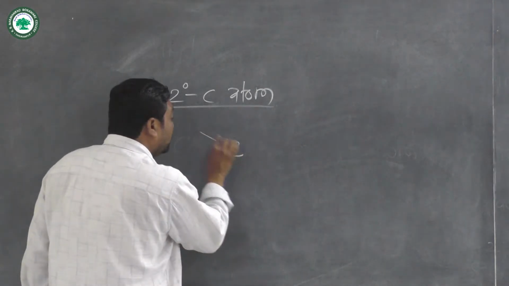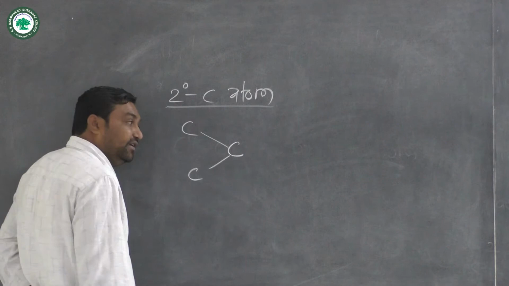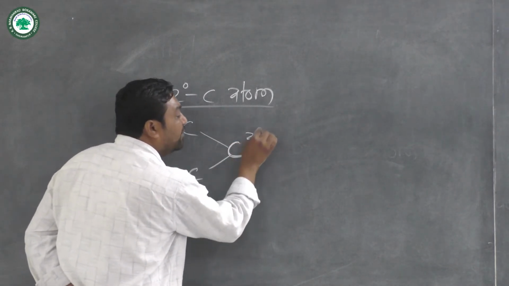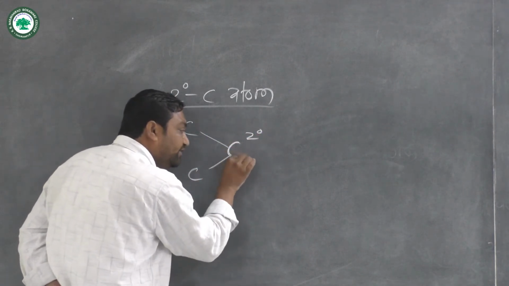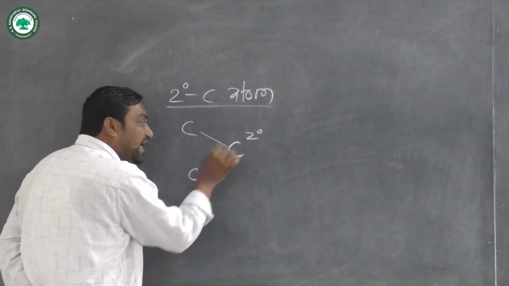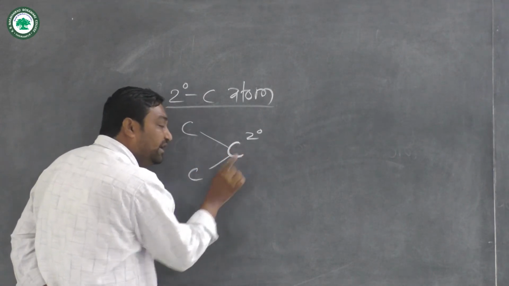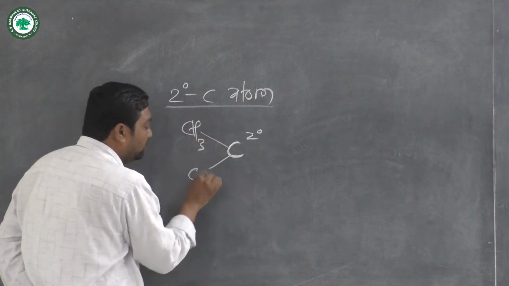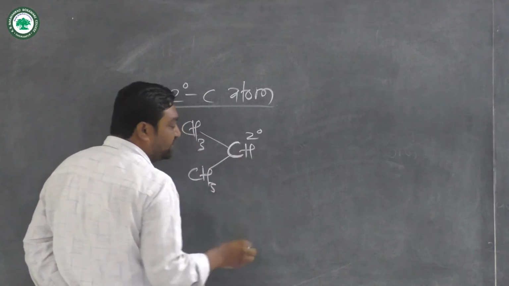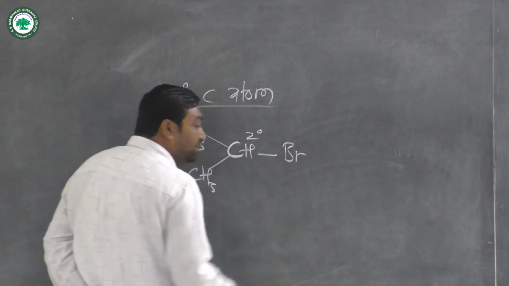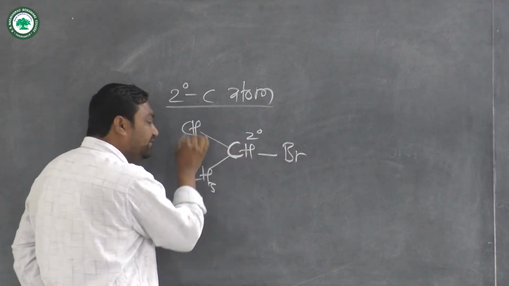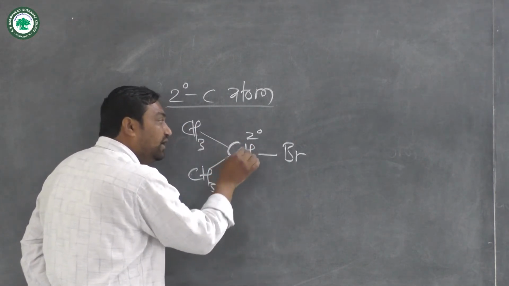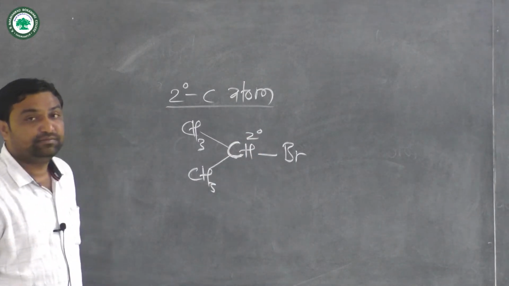For example, in this case, this carbon atom is considered a secondary carbon atom because two carbon atoms are directly attached to it. For example, this is isopropyl bromide. In this case, this carbon atom contains two other carbon atoms directly attached to it. That's why it is called a secondary carbon atom.